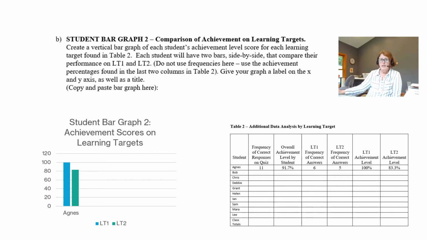You can see here Agnes got 100% correct on learning target 1, and she got 83.3% correct on learning target 2. Those have been visually represented with the blue bar to the left for learning target 1 and the green for learning target 2. Again, we've used a similar title, Student Bar Graph 2, to match the template name, Achievement Scores on Learning Targets.